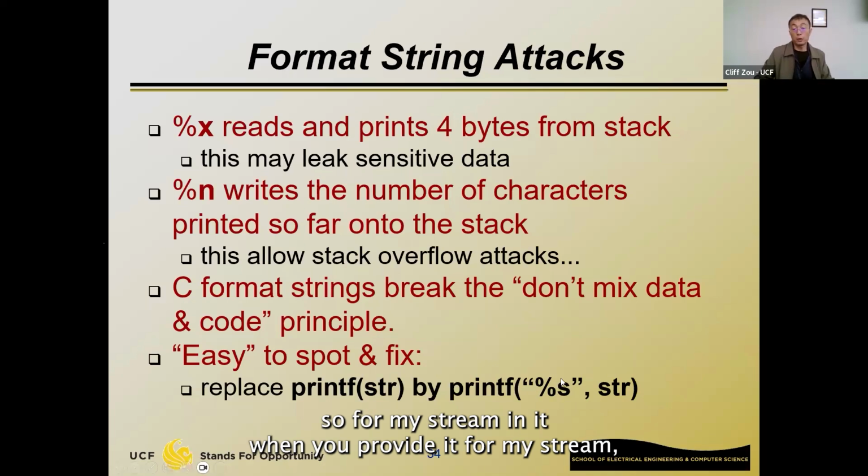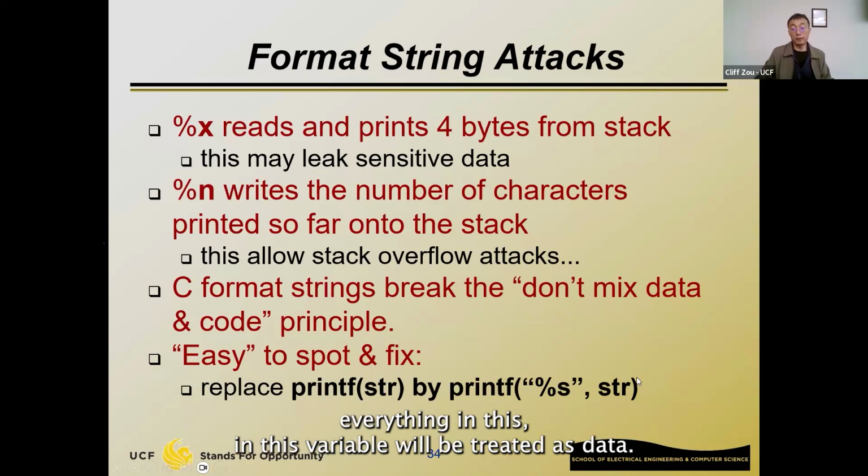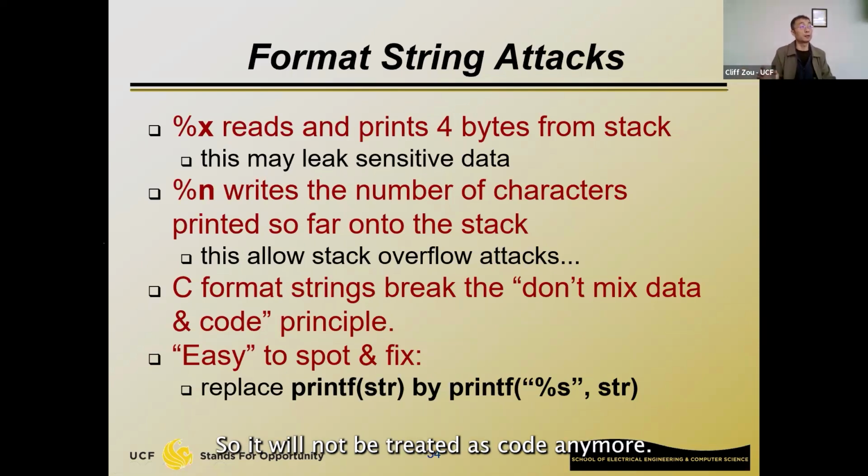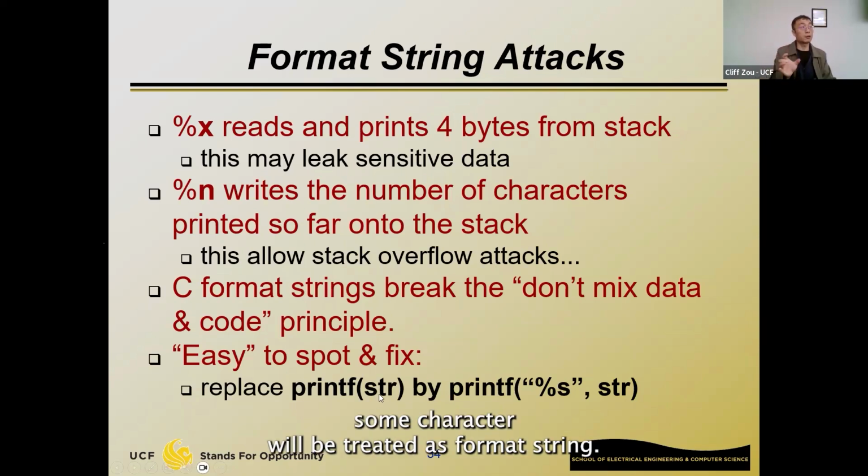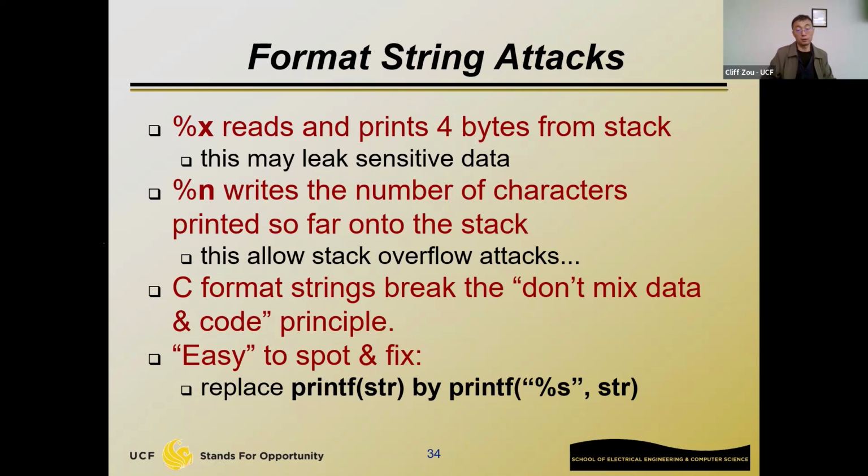When you provide the format string, then everything in this variable will be treated as data. So it will not be treated as code anymore. When you don't use this, the first few characters will be treated as a format string. So that's the reason behind it.